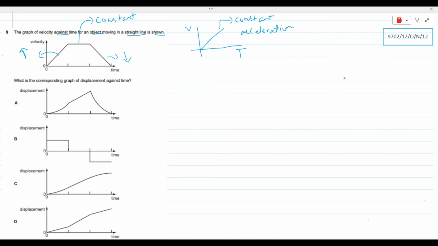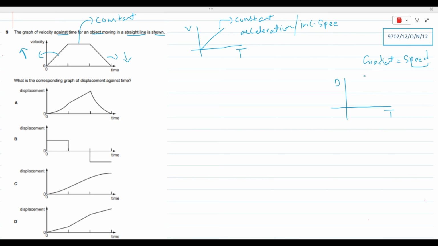So in displacement time graph, what is the gradient of displacement time graph? Speed. Gradient of displacement time graph is speed, or you can say velocity. They both are same in gradient. So constant acceleration means increasing speed or velocity, right?